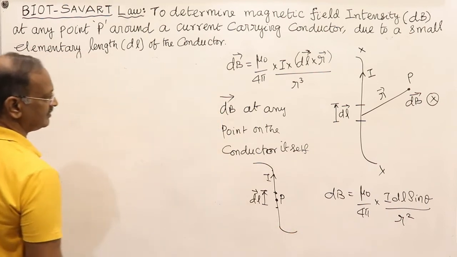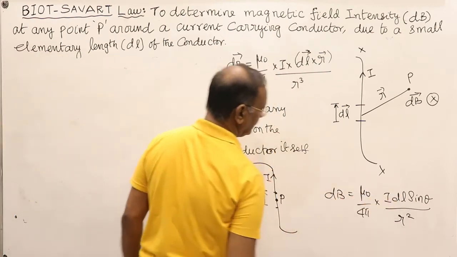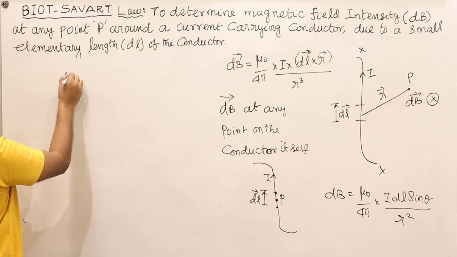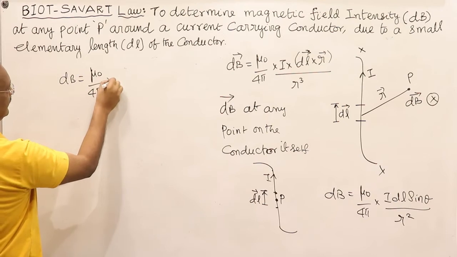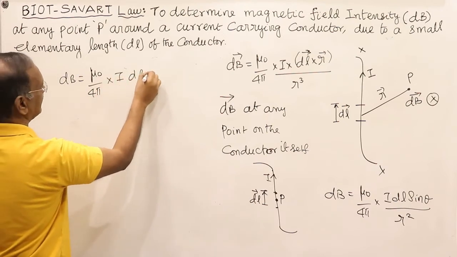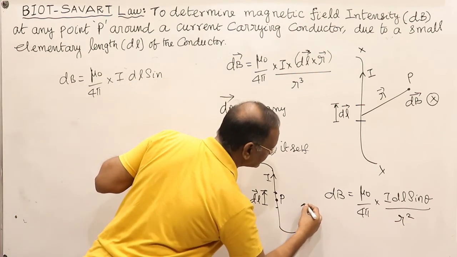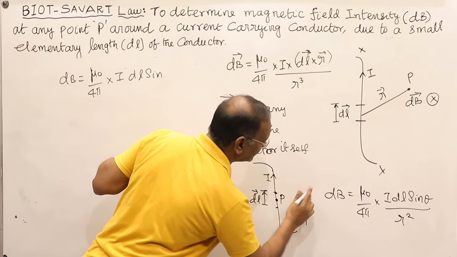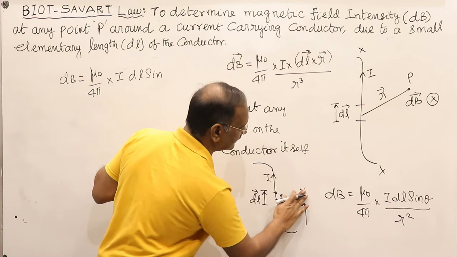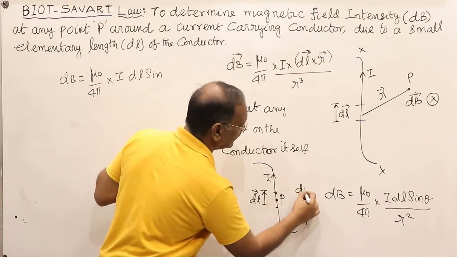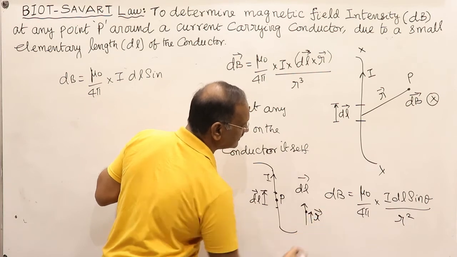What is the angle? See, dB is equal to mu naught by 4 pi into I dl into sine of theta. What is theta? See, dl vector is in this direction, along the direction of current, and r vector at this point will also be in this direction.